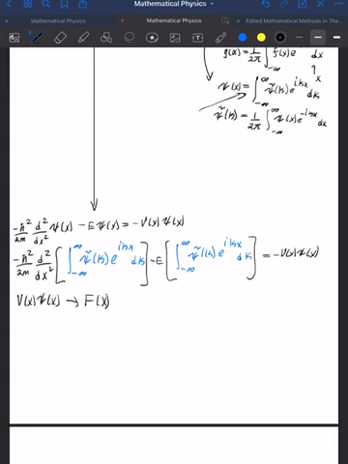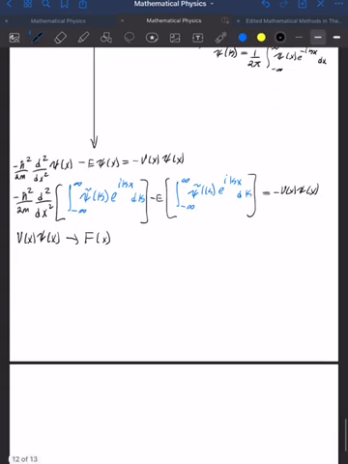Okay? So doing that, and that's totally legal to do, we're simply saying that v of x times psi of x is some function, a function big F of x. It's a function of x. So let's substitute that.